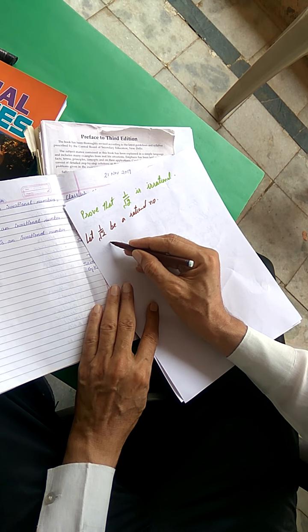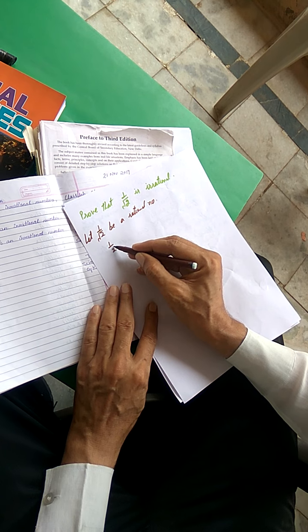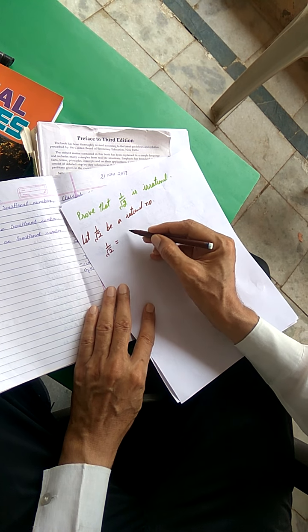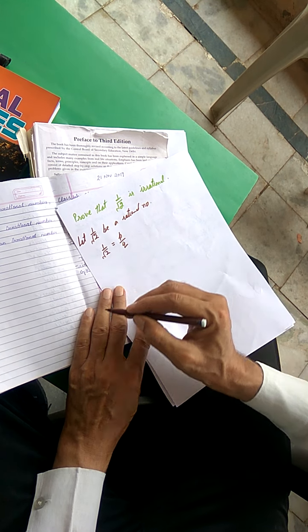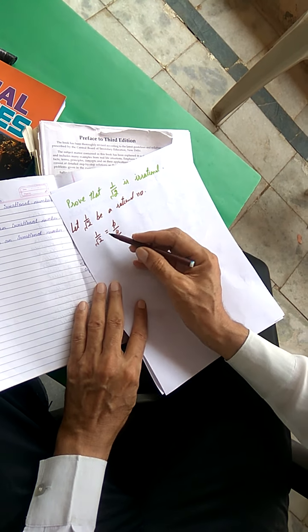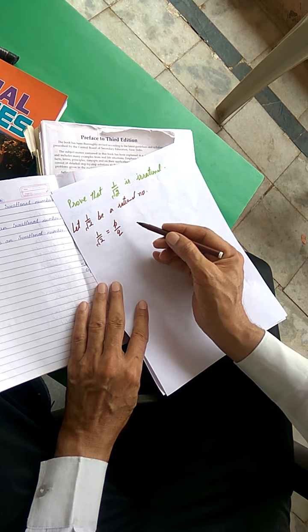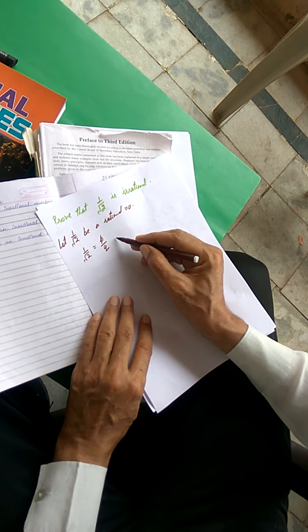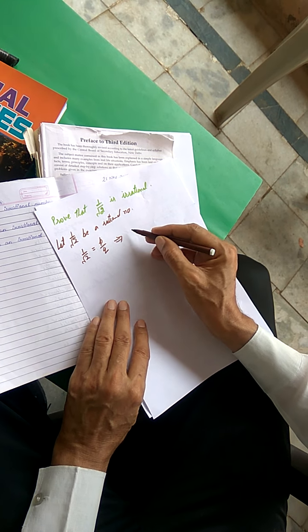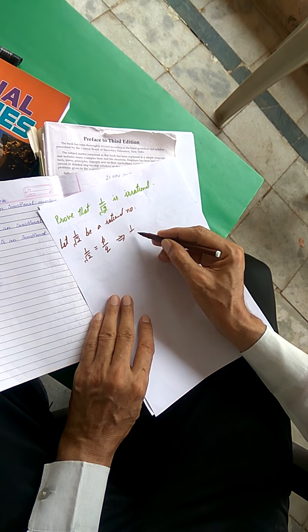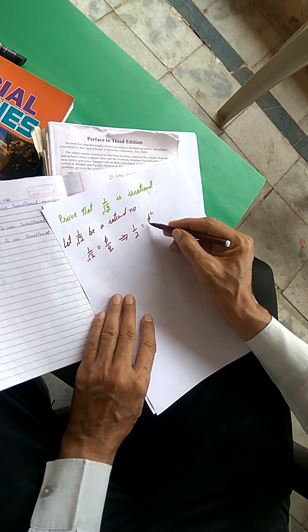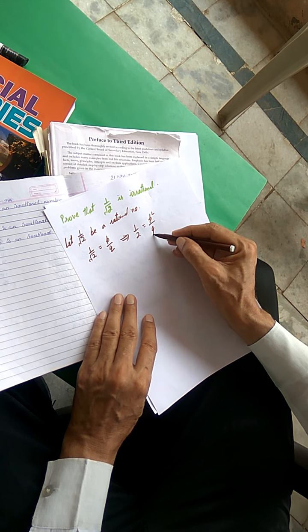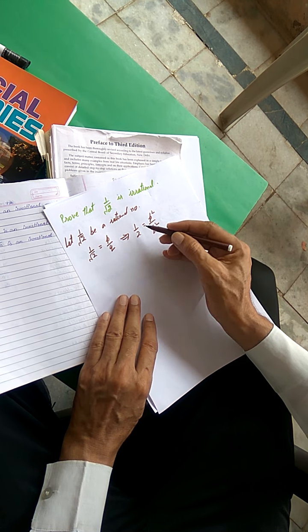That means 1 upon root 2 can be put p upon q. To get rid of this, we square both sides. If we square both sides, we get 1 upon 2 is equal to p square upon q square.